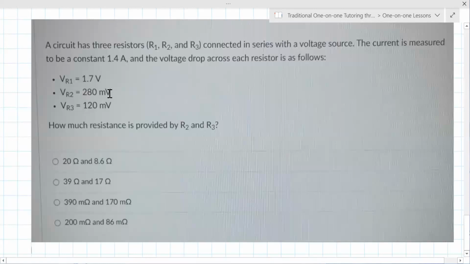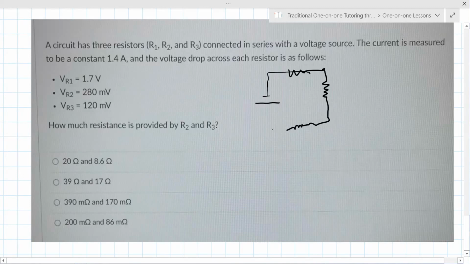Okay, so draw our circuit again. The current I is 1.4 amps, and we know that the voltage total is 2.1 volts because we just did that in the previous problem.